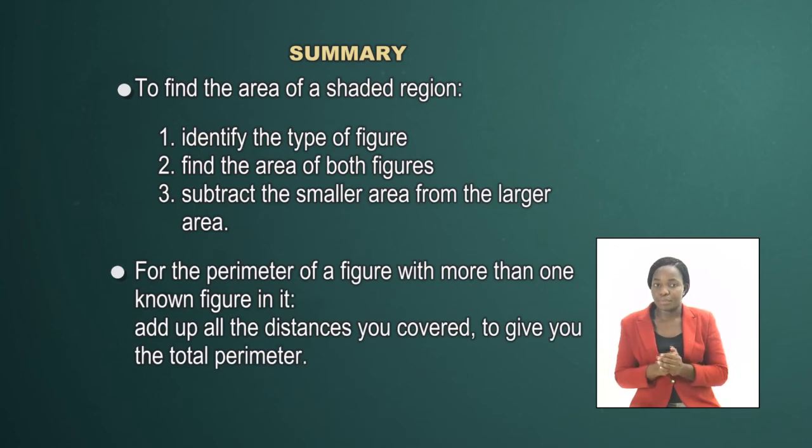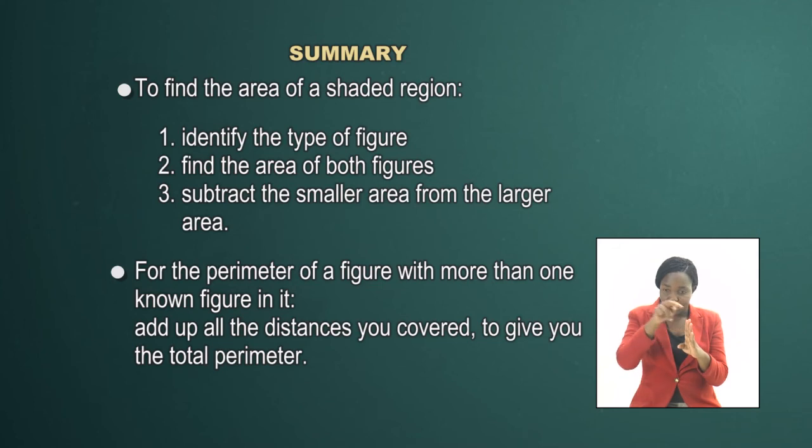To find the perimeter of a figure that has more than one figure in it, imagine you are walking along the line until you reach the same place as where you started. Outline the shaded area and count the number of parts you need to add up. Then, add up all the distances you covered, which will give you the total perimeter.